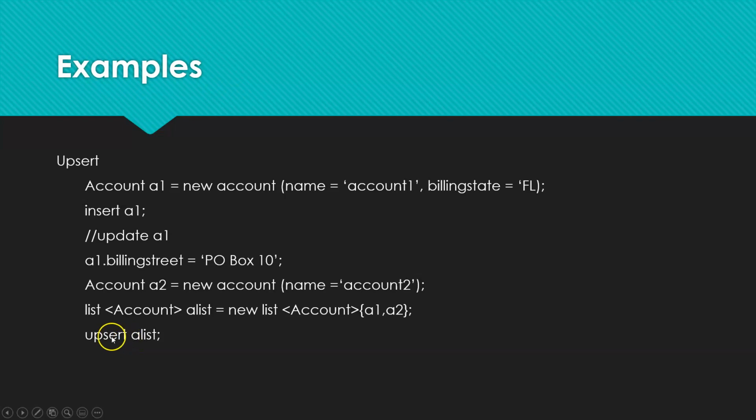So now I could actually do an upsert call on this A list, and it's going to update the previously inserted A1 because I changed the billing street, and it's going to insert A2, which is a brand new account. And let's run this in our anonymous Apex in our developer console and check it out.